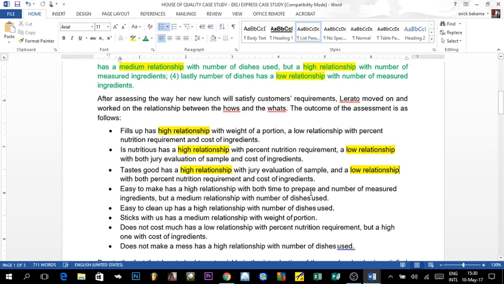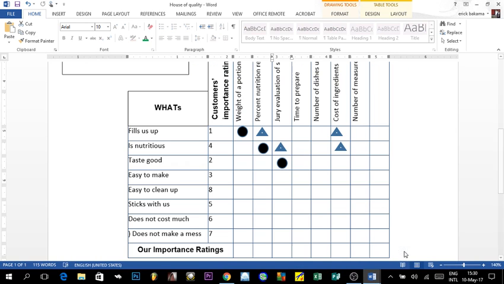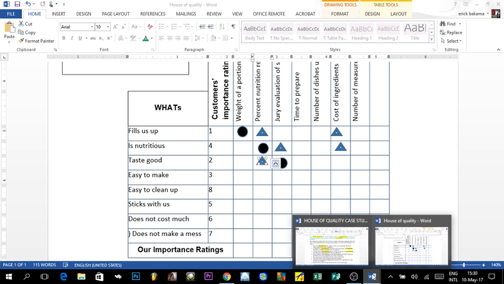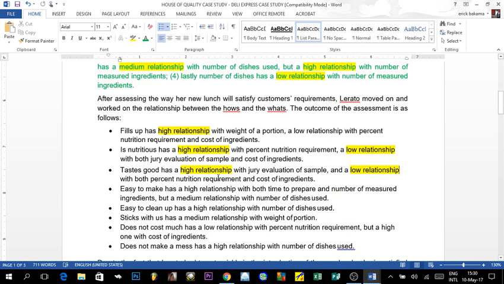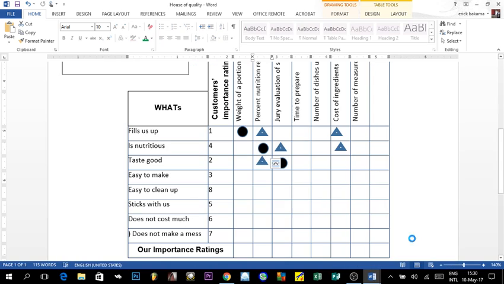So we check what the percent of nutrition is. Percent of nutrition is somewhere here, and they say that the relationship is low with taste good, with the percentage of nutrition requirement, and the cost of ingredient is also low.